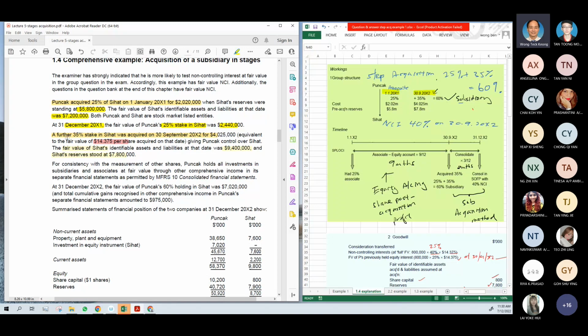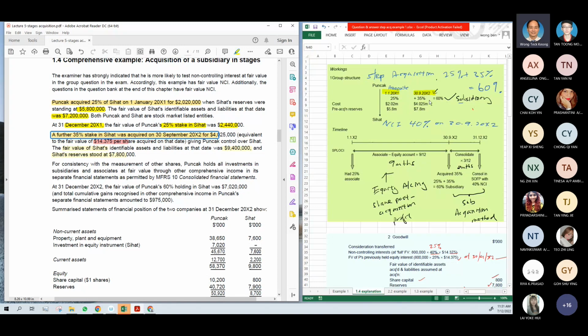Then a further 35% stake in Sehat was acquired on 30th September X2. After 1 year and 9 months, they bought another 35%. Initially they had 25%, and they bought another 35% on 30th September X2. That is 9 months into the year ending 31st December.